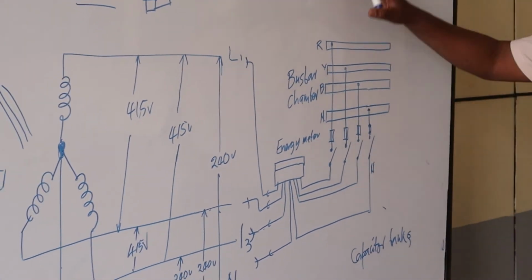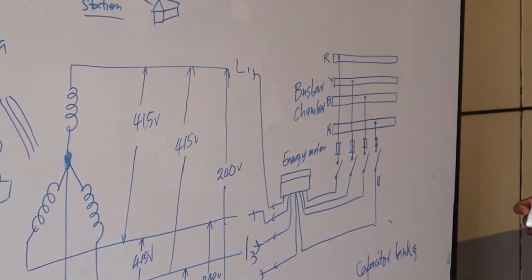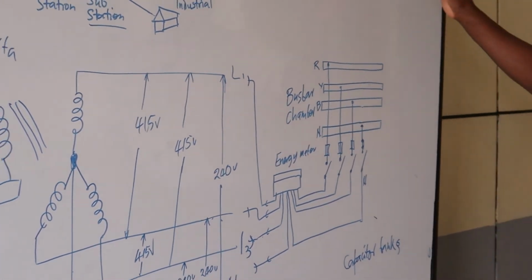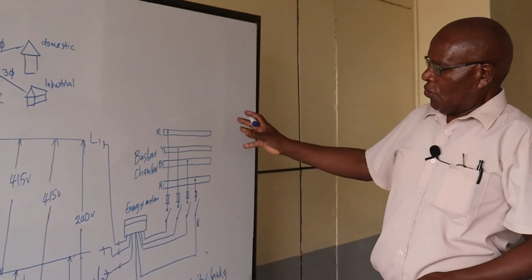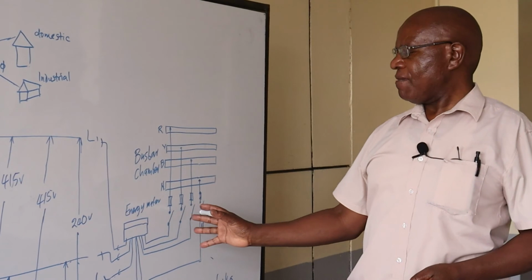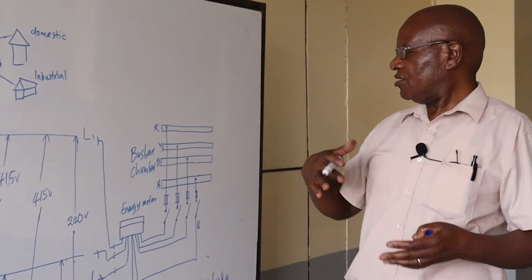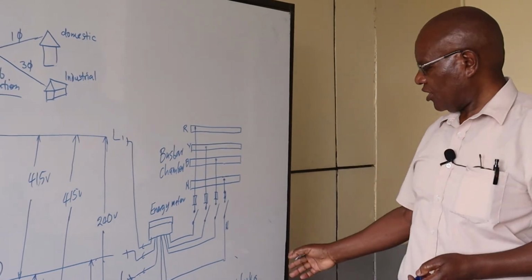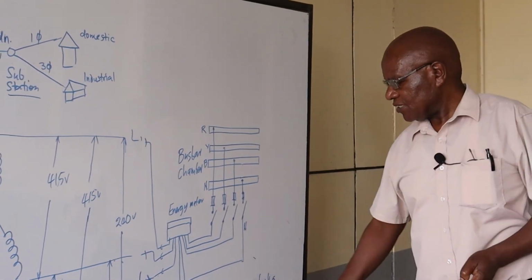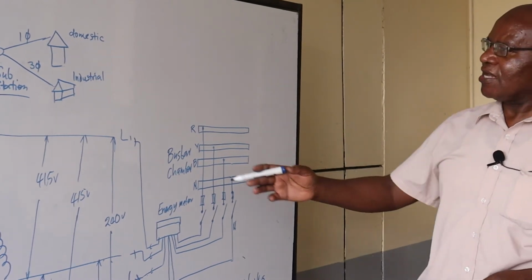So sometimes in this chamber here, we may have some capacitors for power factor correction. Normally, KPLC people will be coming, when they are doing their energy reading, they also measure the power factor. Then they can tell you if it's okay, or if not, then you have to correct it. Now, correcting it is through capacitor banks in most of the industrial installations that I've seen.